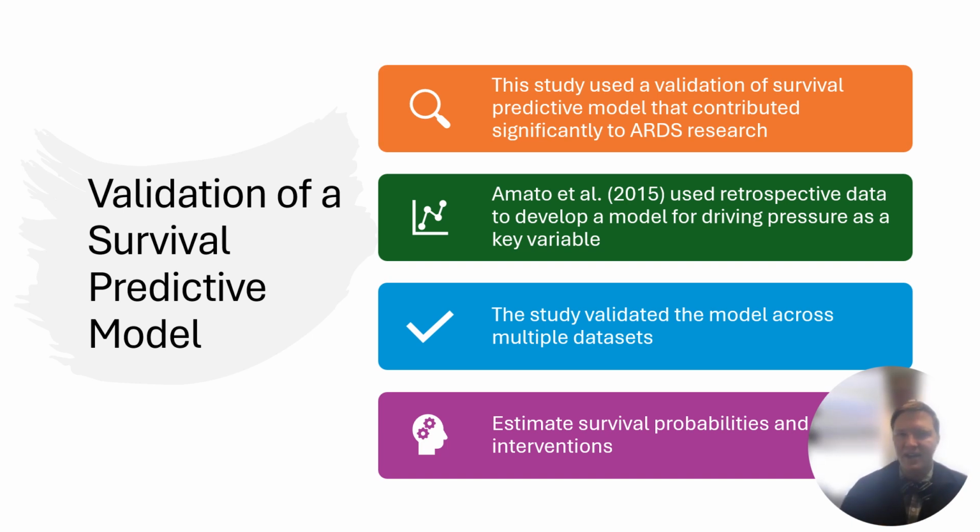And by validating the model across multiple data sets, the authors really demonstrated that this is very reliable and approachable for different types of patients with ARDS. So it's a predictive model that allows the clinicians at the bedside, the RTs, the doctors, anyone else at the bedside to estimate the survival probability and tailor interventions based upon the individual patient profiles.